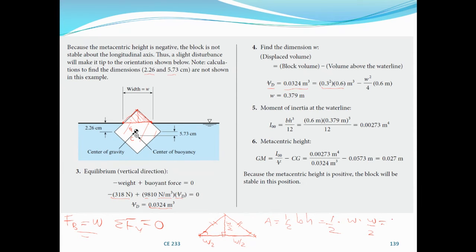So you have W squared over 4. That's the area. So the cross-sectional area times the length. The length is 60 centimeters, which is 0.6. So that's why you have this term here, W squared over 4 is the area, and then the length is 0.6. From here, you can find W. So W is obtained to be 0.379, which is 37.9 centimeters.